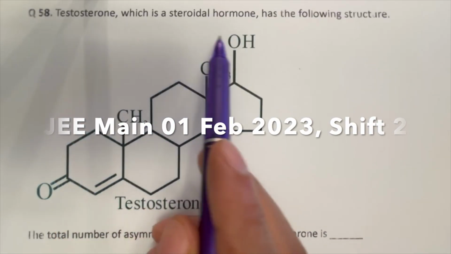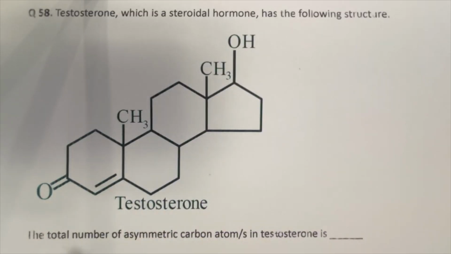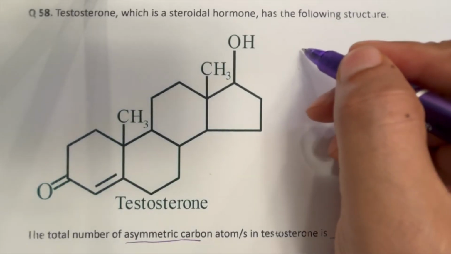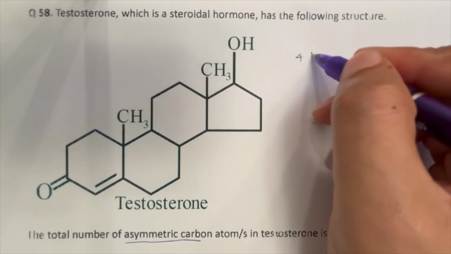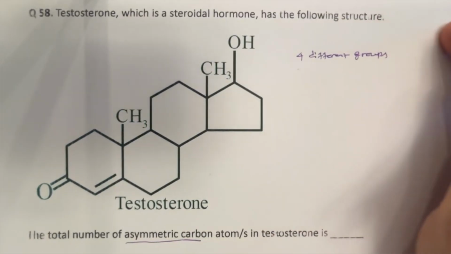Testosterone, which is a steroidal hormone, has the following structure. The total number of asymmetric carbon atoms in testosterone is how many? When we say a carbon atom is asymmetric, if it is connected to 4 different groups, then we can say that that carbon atom is asymmetric carbon or chiral carbon.